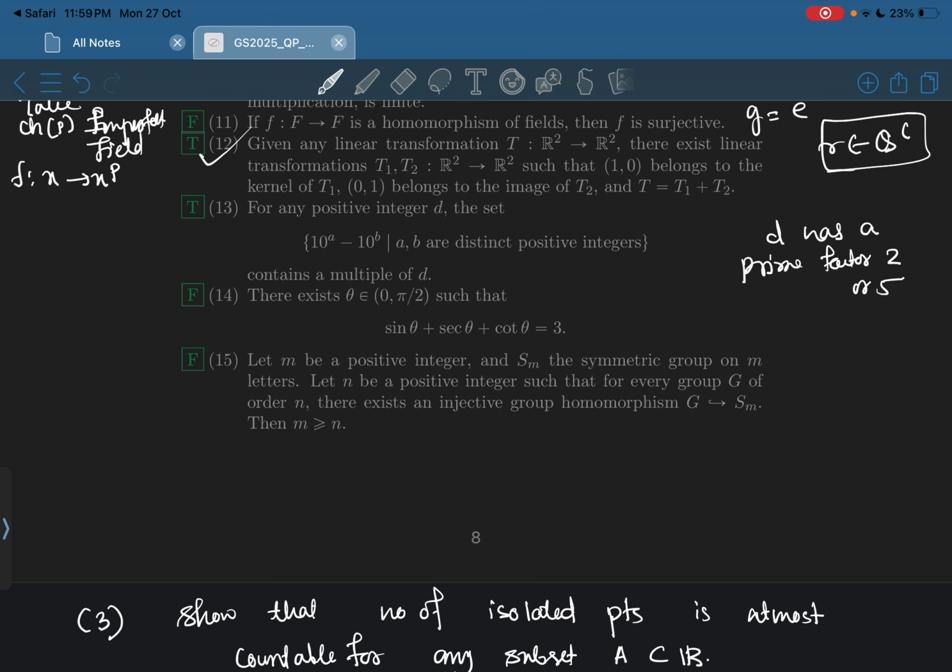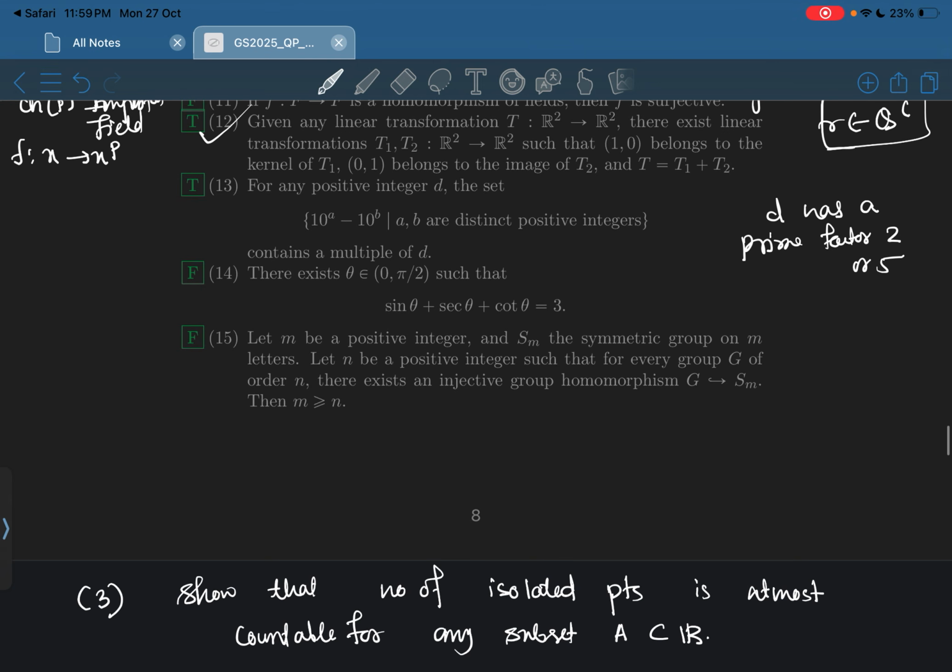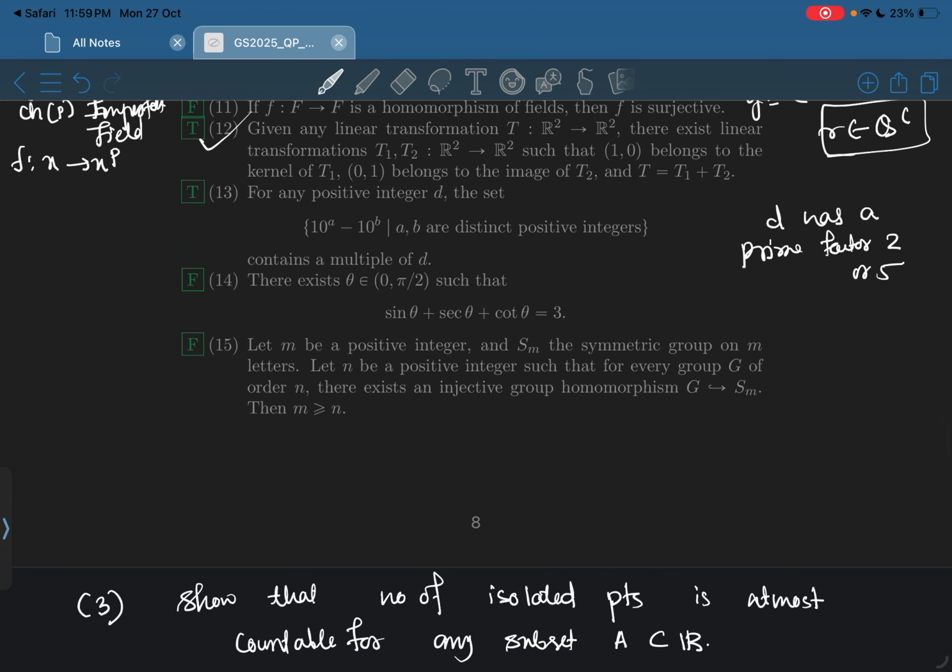You can take the multiple of d to be 40, 400, whatever it may be, and you can write 10 to the power a minus 10 to the power b according to that. You can divide that, right? This will not be very difficult. Am I correct? I think it is correct. There is no problem. If d has a prime factor 2 or 5, then it is easy to do.